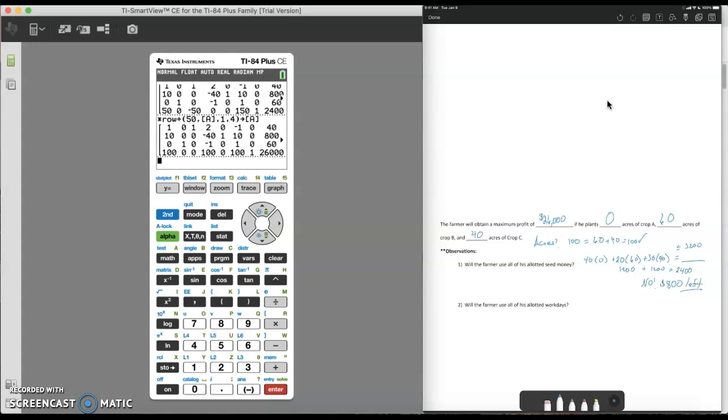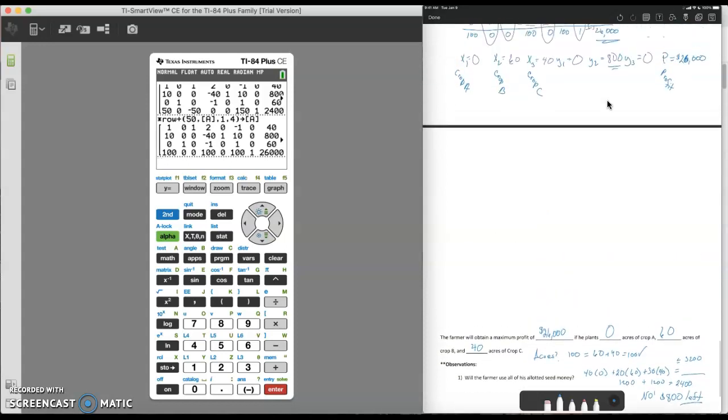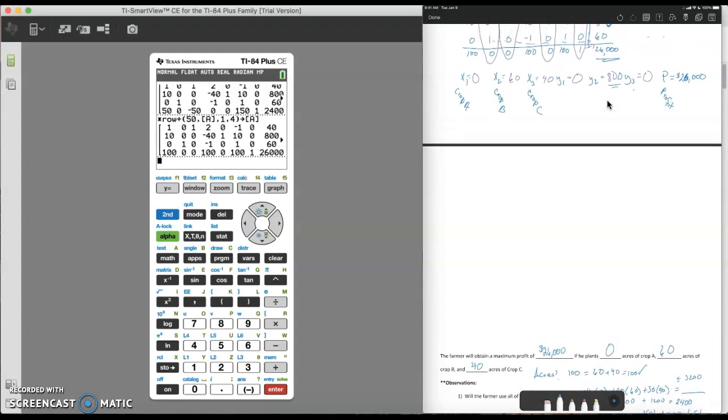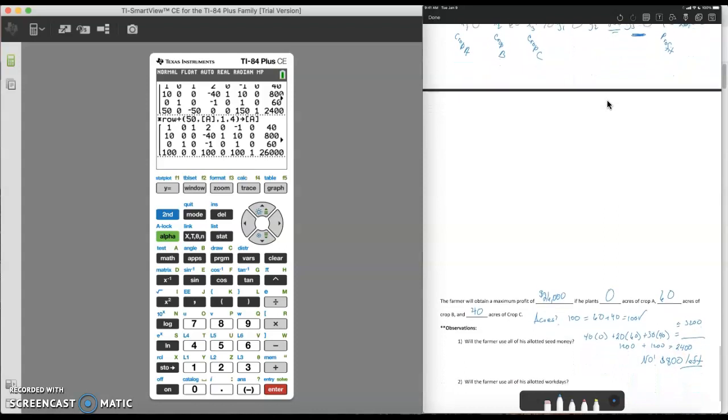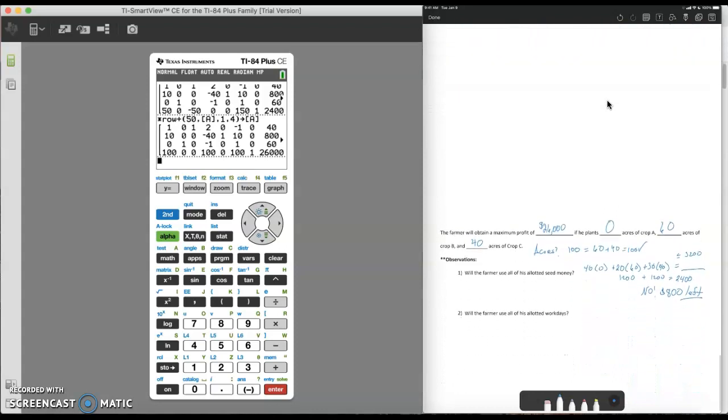What about his allotted work days? Well, we should be able to look up here, and y3 was what was added to the work days. y3 says 0, so we would need to add nothing to the work days in order to hit his max. So if we check this, we should say that yes, he uses all of his allotted work days.